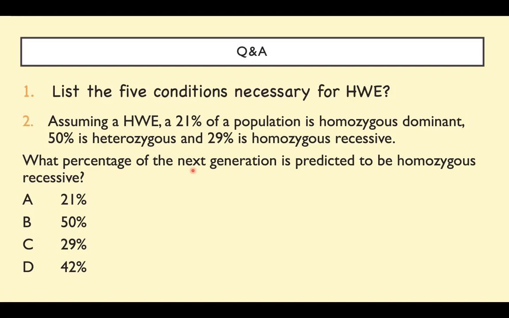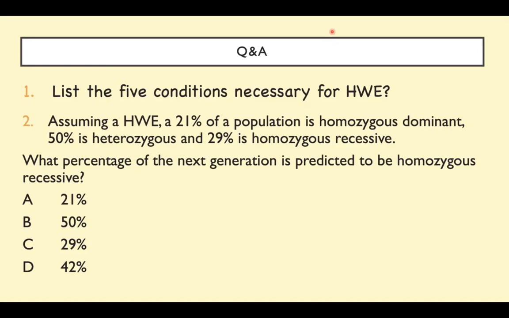C. C, kenapa? 39%. Okay, kenapa? Sebab bila dia kata dia HWE tu maknanya dia dah in equilibrium state, so dia tak akan berubah. Dia dah stable, unless ada evolution occur. Betul. So whatever you get from the previous generation akan sama dengan the generation seterusnya if it is in HWE.